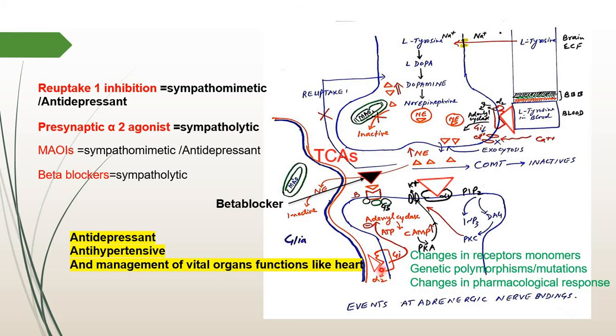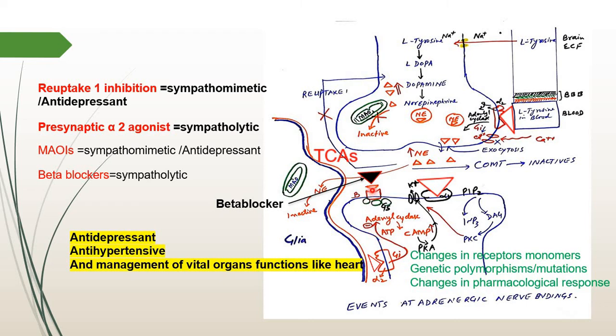Alpha 2 receptors at the level of the postsynaptic nerve ending will have an inhibitory action on the adenylyl cyclase, just to regulate the function of this beta receptor. So there is always a regulatory mechanism that does exist.